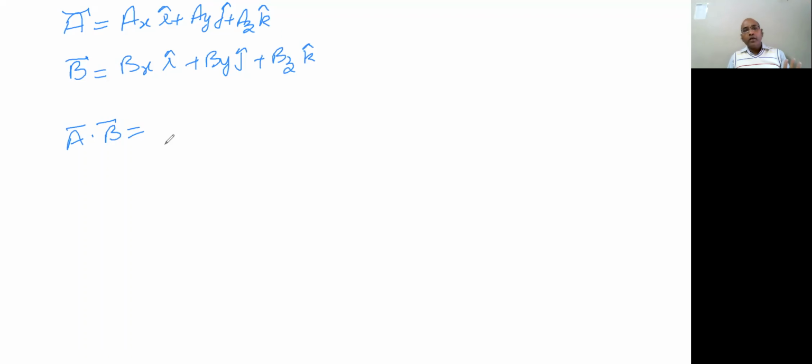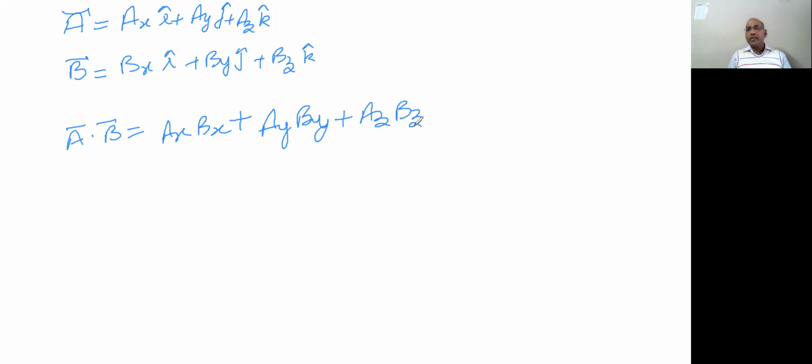So we get only Ax Bx plus, similarly, we take the j term: j with i is 0, then j dot j becomes equal to 1, so I get Ay By. Similarly we will get Az Bz.